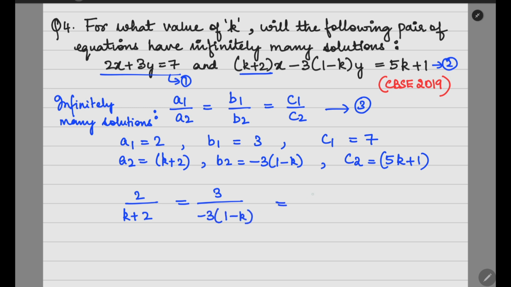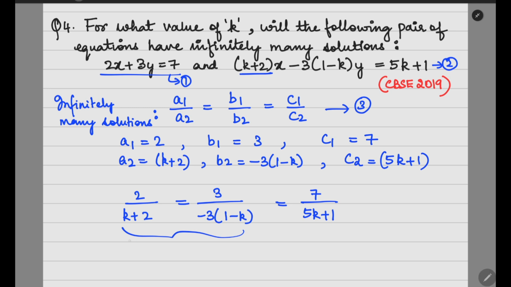This will be equal to c1 by c2, which is 7 divided by 5k plus 1. Now you will have to solve. First you can take the first two, and then you can take the second and the third and solve. Do try it yourself and let me know if you would like me to do it.